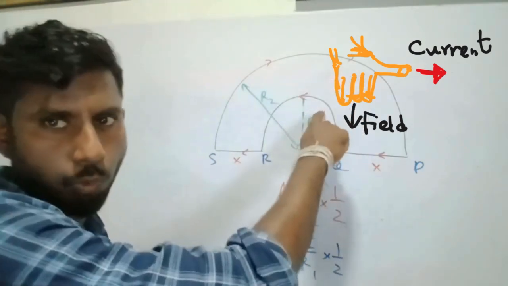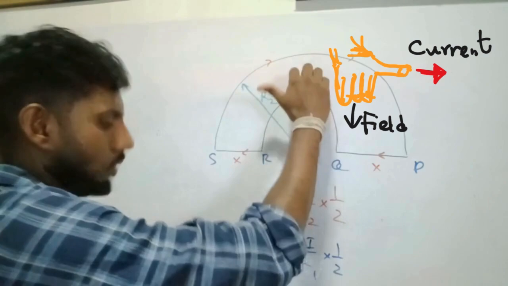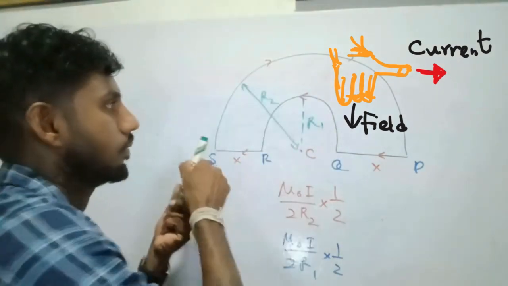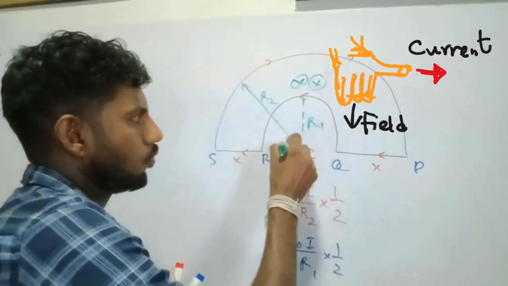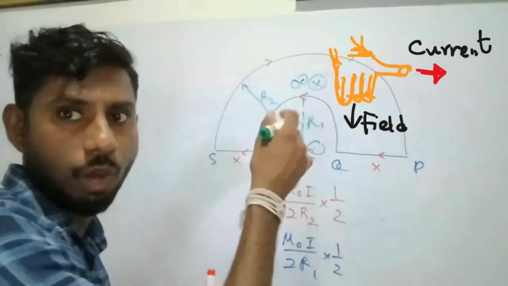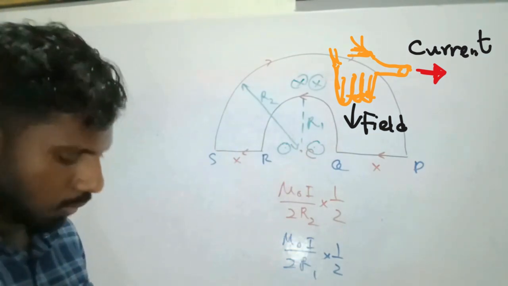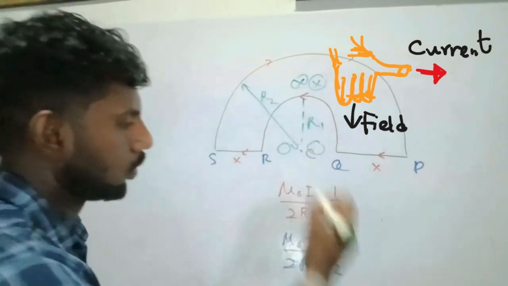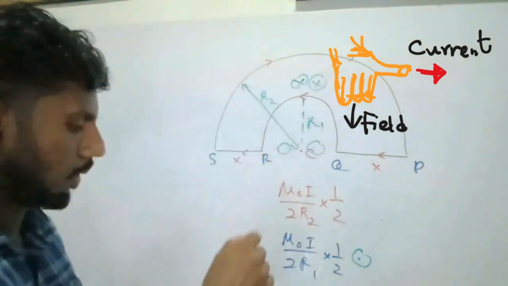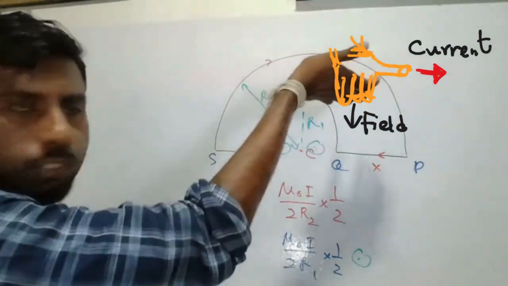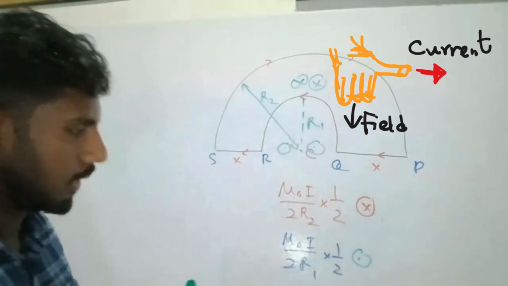For the smaller one, current goes in this direction, so the magnetic field goes in from here and comes out from this direction, so it's coming out, the dot. For the larger part, it goes in. So we need to subtract the equations.